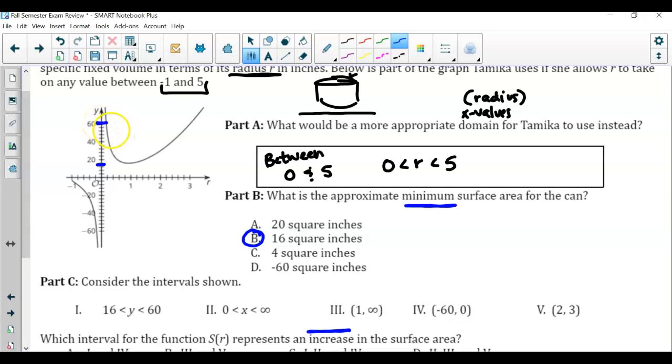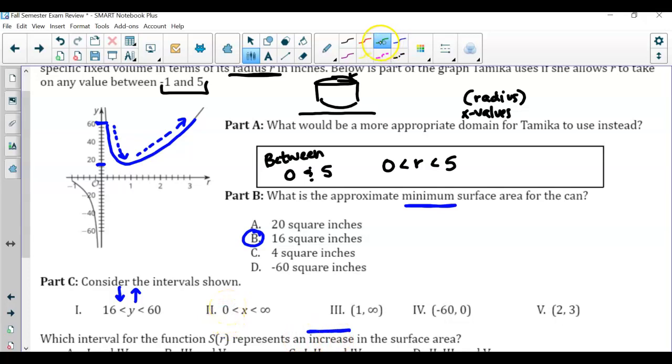That means we're looking at this entire portion of the graph from 16 to 60. Well, notice how it decreases to the minimum and then increases. So this is both an increase and a decrease. Keep in mind, we only want increase.